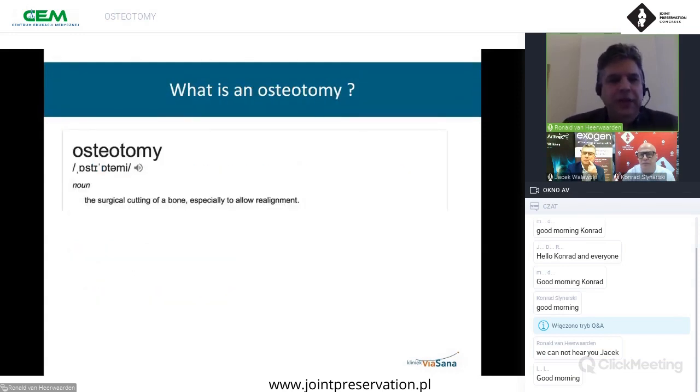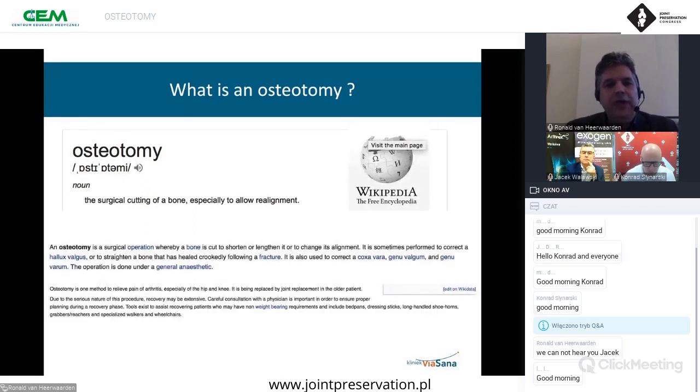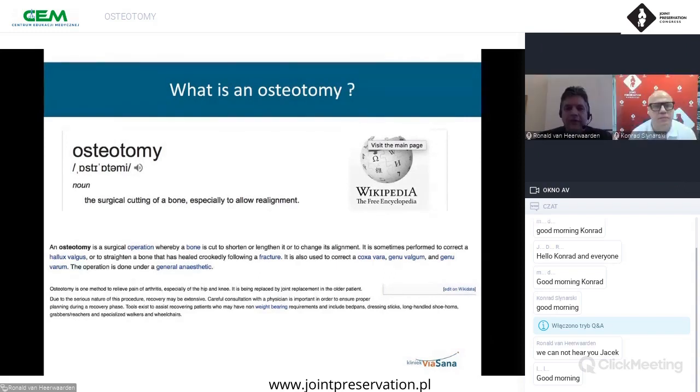So what is an osteotomy? If you would try to find anything about osteotomy in Wikipedia or any other source, it's surgically cutting a bone, especially to allow realignment. Well, that is kind of accurate, actually. However, the other things you read are hopelessly out of time, very historical, and not very accurate.